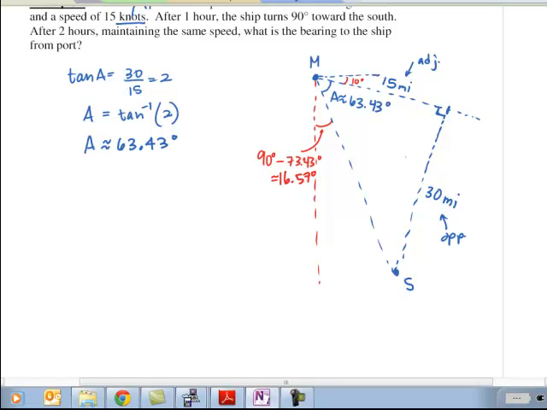So we would say the bearing of the ship from port is south 16.57 degrees east. Because we're not quite going straight south, we're going 16.57 degrees east of straight south.